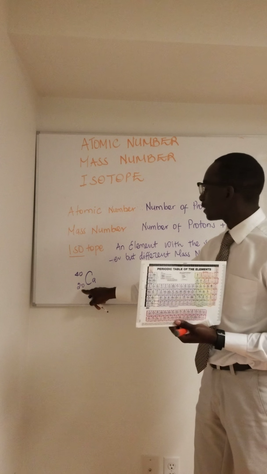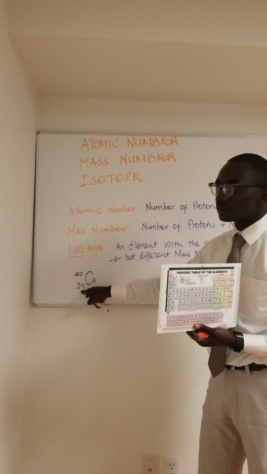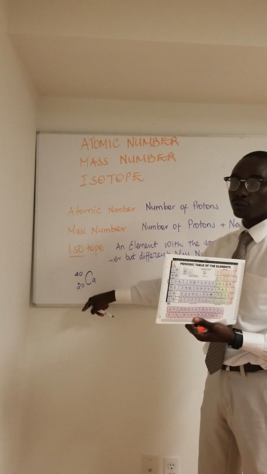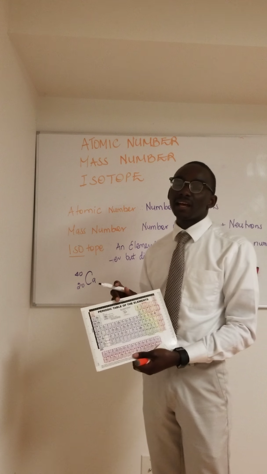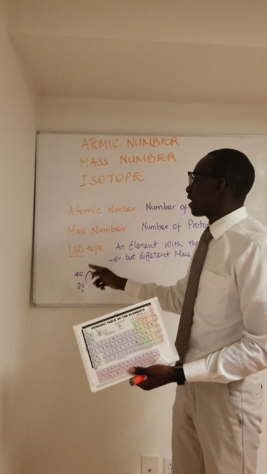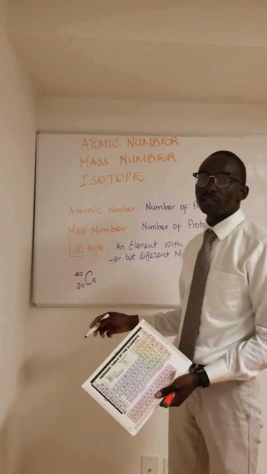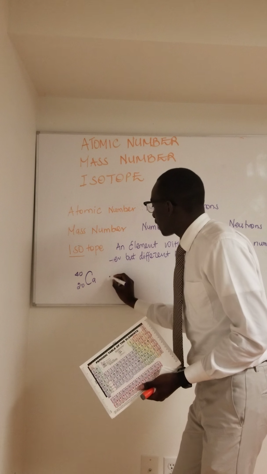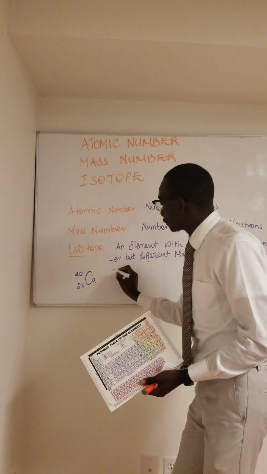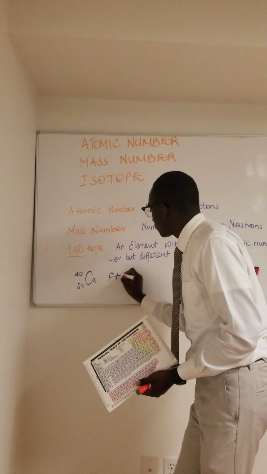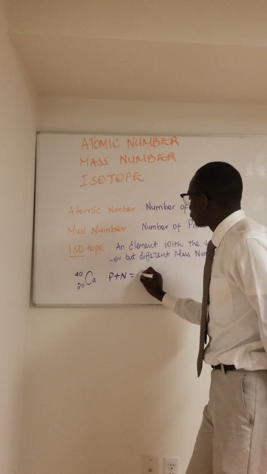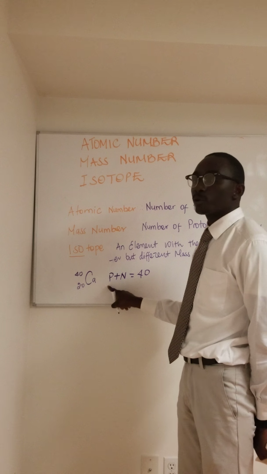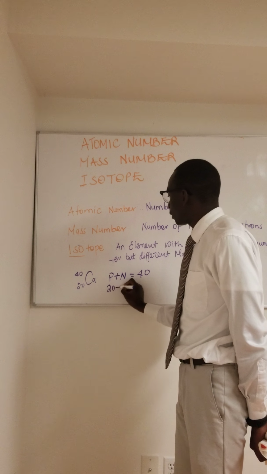Since you know that the atomic number is the number of protons, whereas the mass number is the number of protons plus neutrons, an exam can ask, can you find the number of neutrons in this element? You will say, okay, the mass number is the number of protons plus neutrons, so protons plus neutrons is equal to 40. But I already know the atomic number, which is the number of protons, and it's 20.